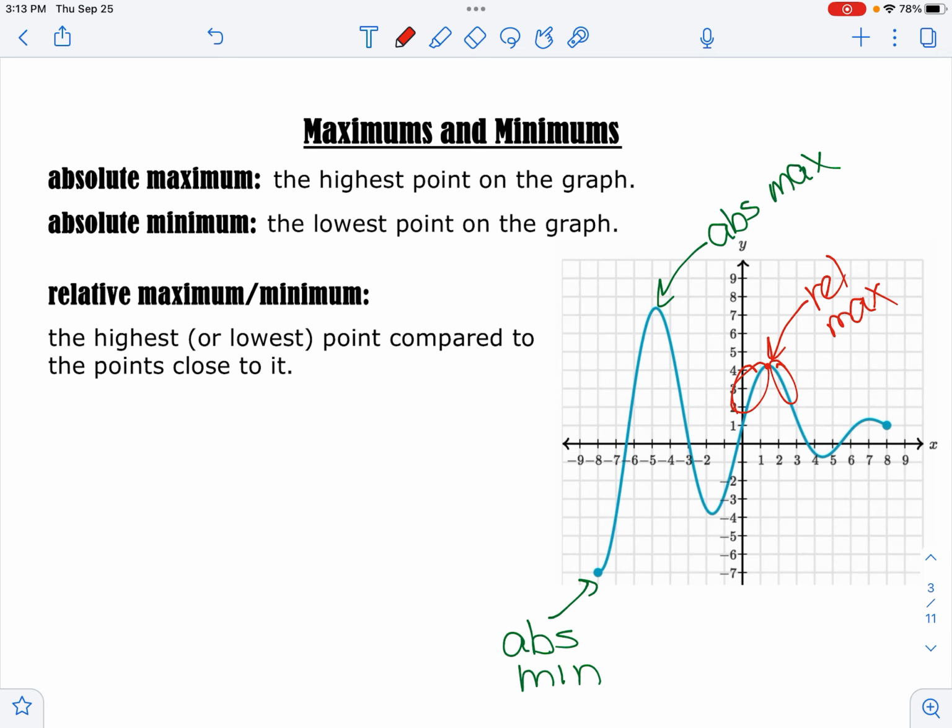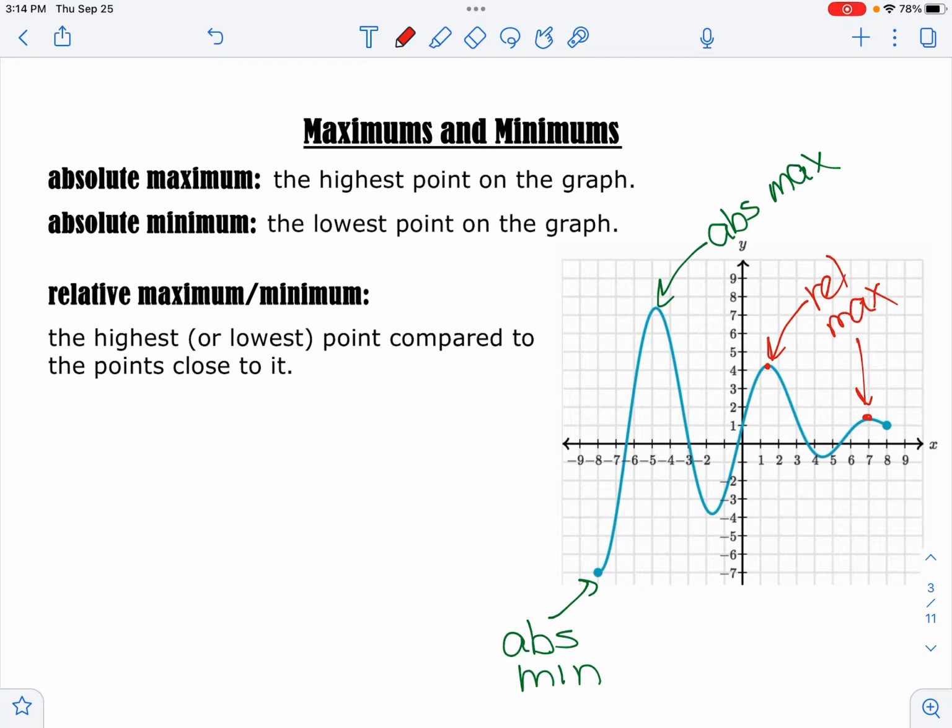So we call that a relative max. And we actually have another one right here, and sort of the same situation. The points next to it, it's higher than the points right around it. It's not the highest, right? Because our absolute max is higher than those relative ones. But in relation to the points right next to it, that's why we call it a relative maximum.